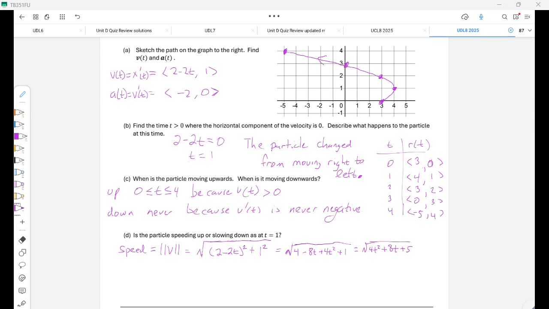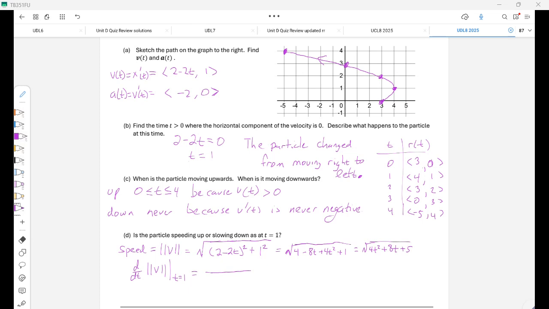So the derivative of that, evaluated at t equals 1. Chain rule, square root.